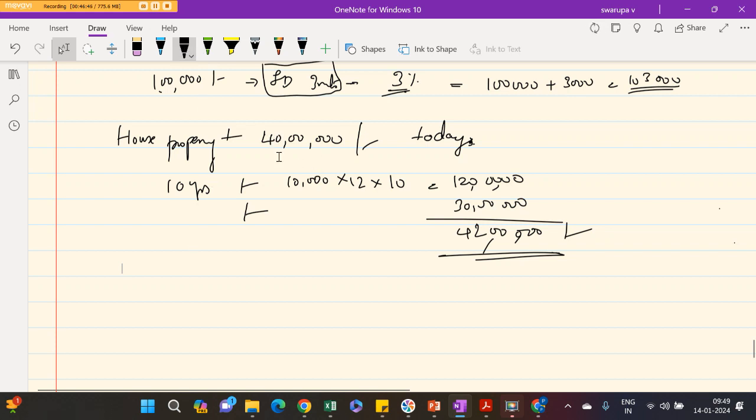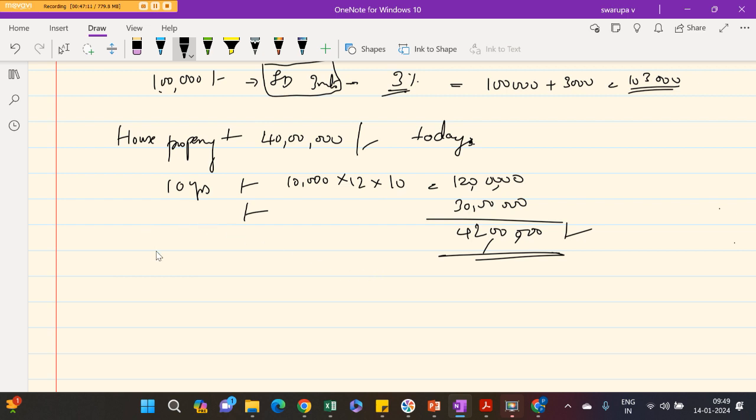this 40 lakhs, if instead of buying a house, if you had invested in a simple risk-free FD, what will be the return after 10 years? Right? It might be more than 42 lakhs. Then is the investment decision correct?